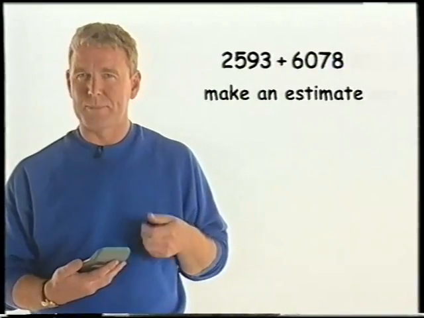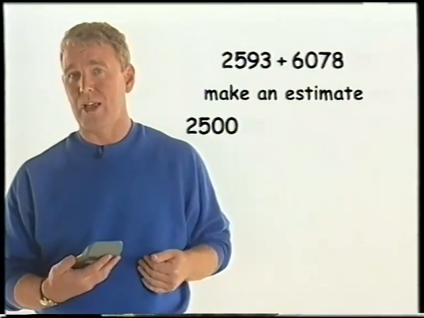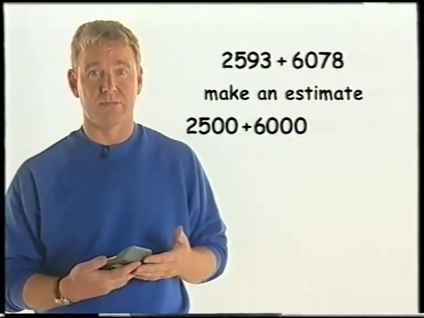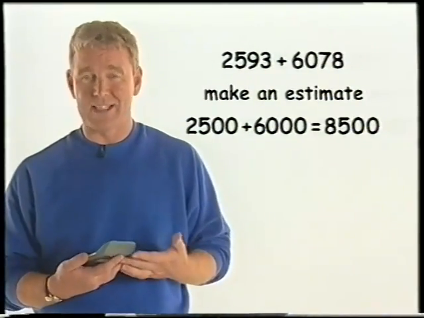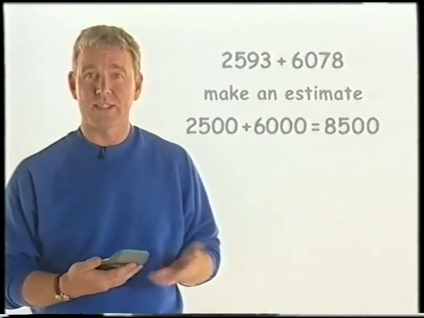Let's try 2,593 plus 6,078. Make an estimate first. It's a bit more than 2,500 plus 6,000, which is 8,500. Now we can see what the calculator comes up with. First, press the clear key to get rid of any calculations that might be in the calculator already.